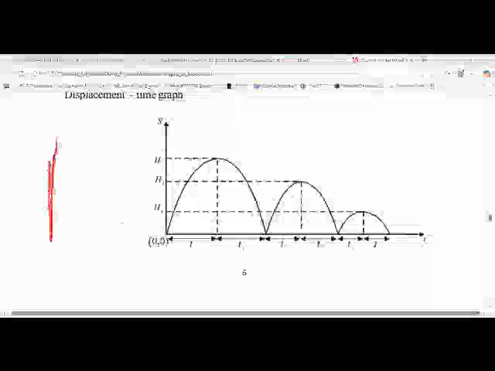It does not go to the initial point, and the highest point should decrease, because it lost energy. Practically, if you throw a ball vertically, it rebounds several times, but the maximum height decreases and finally it stops.